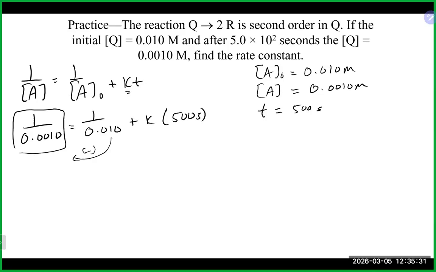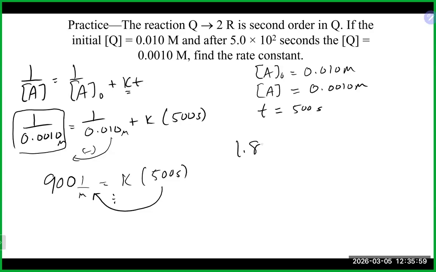You can see about 1,000 minus 100, and that's going to get me about 900 over here. By the way, the molarity is on the bottom here, and that means basically we've got 1 over molarity there. That's going to equal k times my 500 seconds, which then gets divided to the other side. And when I do that, I'm going to get 1.8 1 over molar seconds, as I take the seconds and divide it to the bottom with the molarity that was there at that point.